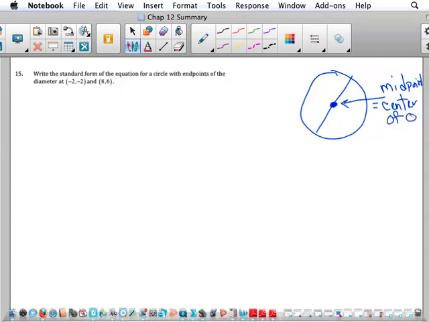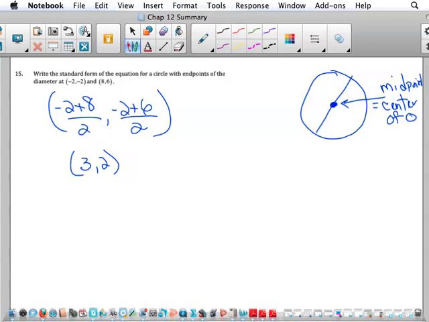So all we have to do is use the midpoint formula. So I have minus 2 plus 8 over 2, 2 plus 6 over 2. So that gives me 6 over 2, which is 3, and 4 over 2, which is 2. So the midpoint of my diameter is the center of my circle, which is at 3, 2.